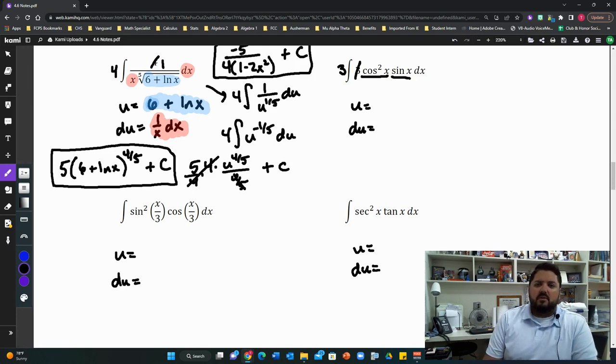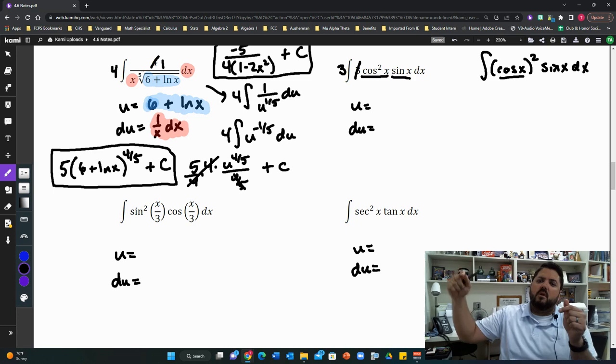So now what we have to do, our inside function is actually inside of this squared function. Remember that cosine squared can really be rewritten as that guy. If the whole thing looked like this, then it would be a little bit easier for us to recognize the inside, because now it's clear cosine is inside of the squared function.